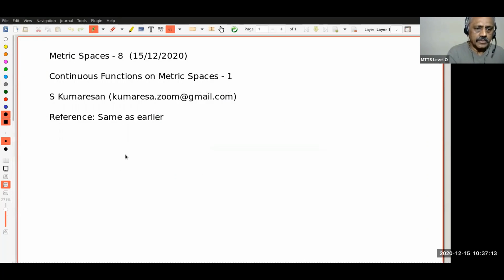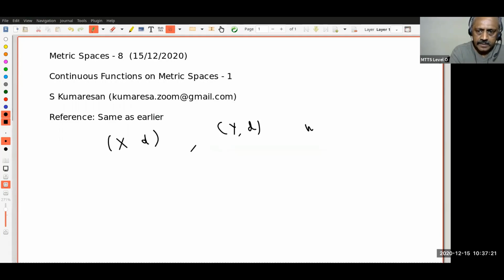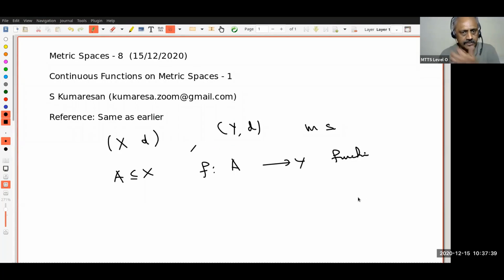So what we want to do is I have a metric space (X, d) and another metric space (Y, d). These are metric spaces, right? And you remember I don't write dx, dy. You will understand the reason for that. So what do I want? Suppose A is a subset of X, and suppose f is a function from A to Y. I don't think I have to recall the definition of a function to you.